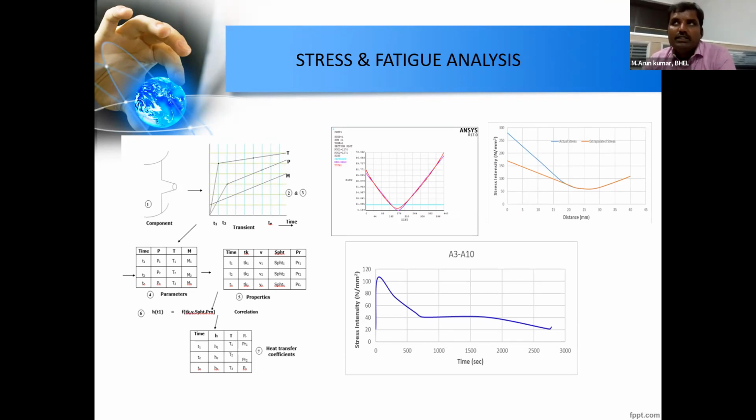In many cases, written literature is available in which we could arrive at singularity and at the final stresses. Then we can categorize stresses like primary membrane, primary bending, and peak stresses, and compare with the various allowable stresses like SM or 1.5 SM, 3 SM, which is suggested by the ASME code.